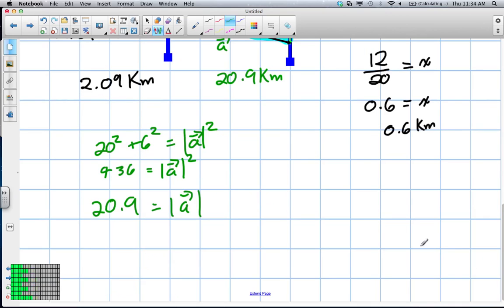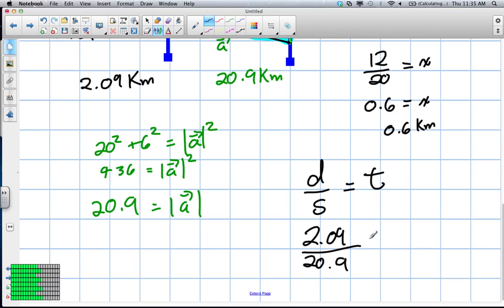So we now need to figure out how long it took her to get there. Well, distance divided by speed gives us our travel time. You guys ever seen that kind of set up in triangle form? Yes, no? Yeah, science class, I think they talk about it. Well, her distance in this case is 2.09 kilometers. Her speed is 20.9 kilometers an hour.